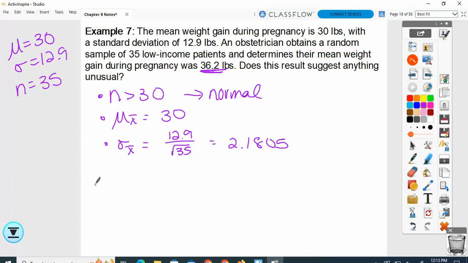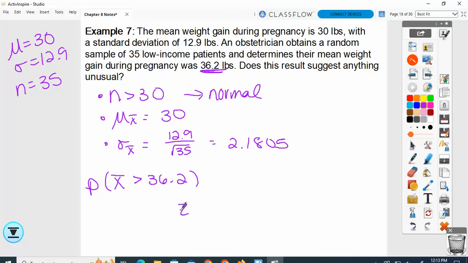Less than 5%. So we need to find the probability that the average weight is more or less than this? More. Why? What is the average overall? 30. So wouldn't we expect it to be less than that? So finding the probability that it's less than 36 really isn't going to help me. Let's find the probability that it's more than that.